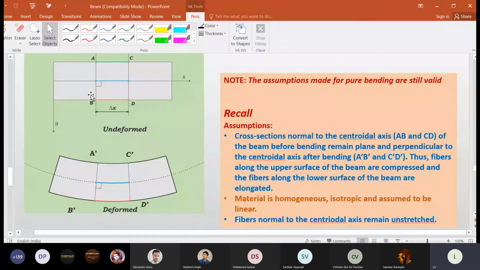Even whether they are exactly perpendicular or not, everything has been verified. So you don't have to worry about these assumptions, they are valid. You may think that they may not be valid in the case of unsymmetrical bending, but all these things have been verified. You can also do these things in our lab because we have very sophisticated equipment.